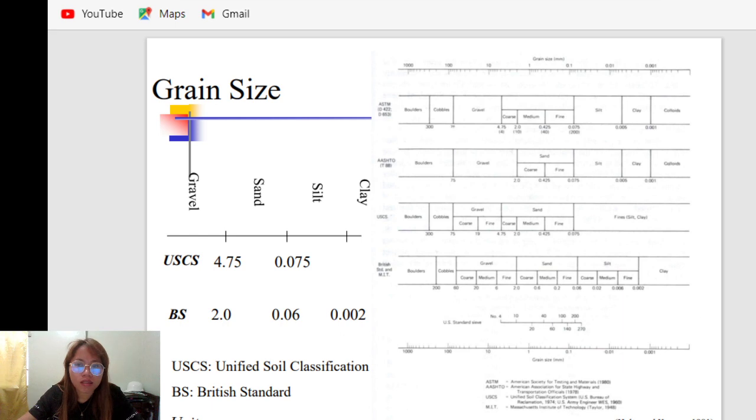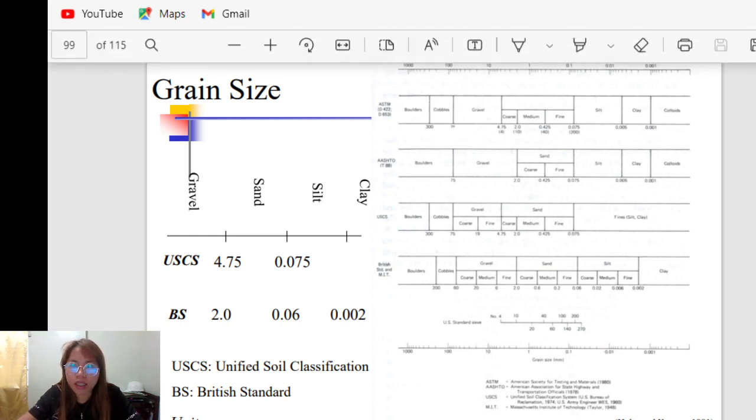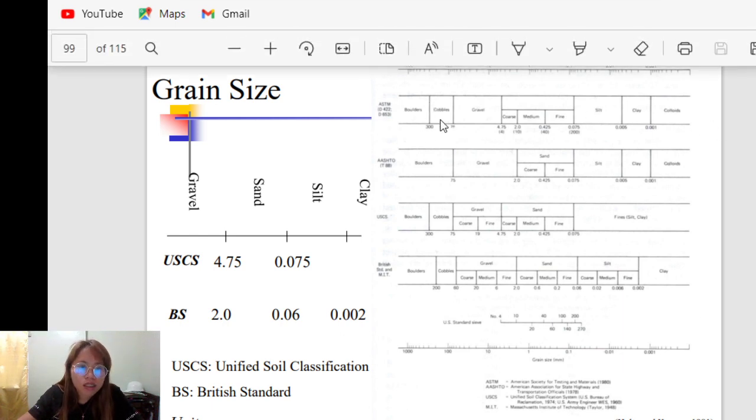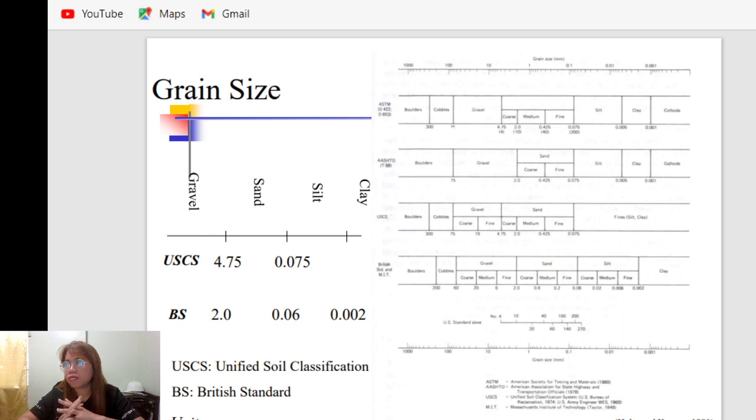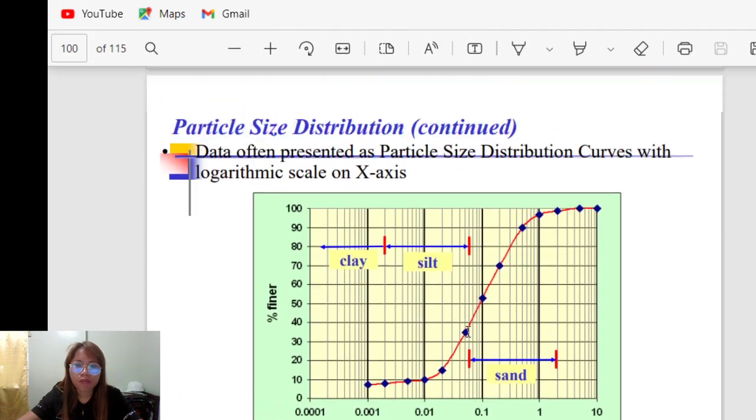This is also a classification, for example for boulders, the size between boulders and cobbles is 300 millimeters. Let me try to zoom out to see the values clearly.